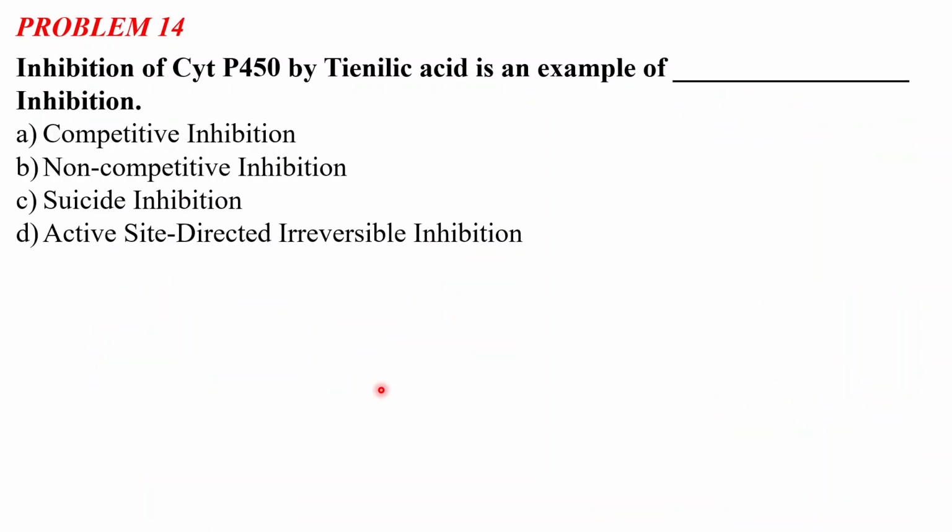Problem number 14 says: inhibition of cytochrome P450 by tienilic acid is an example of dash inhibition. Your options are: number A competitive inhibition, number B non-competitive inhibition, number C suicide inhibition, number D active site directed irreversible inhibition.